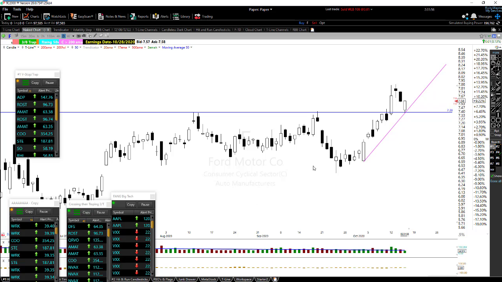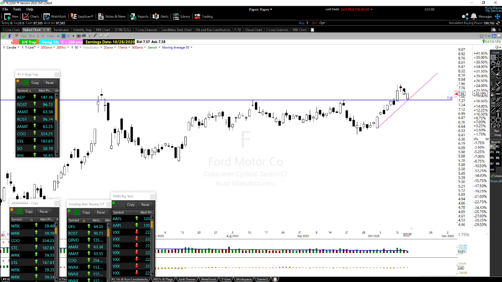There you go. So, based on this chart, and keep in mind, an entry is about an area. It's not about an exact point. We have broken out of this resistance, yes. We have tested, yes. With success, so far, yes.